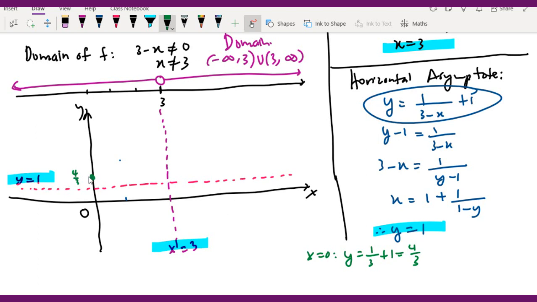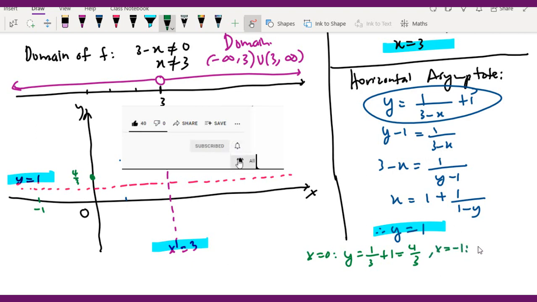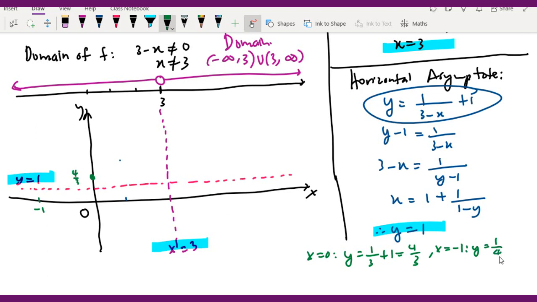Next, choose one number here, negative 1. When x equals negative 1, y is equal to 1 over 4 plus 1, or 5 over 4, which should be less than 4 over 3.